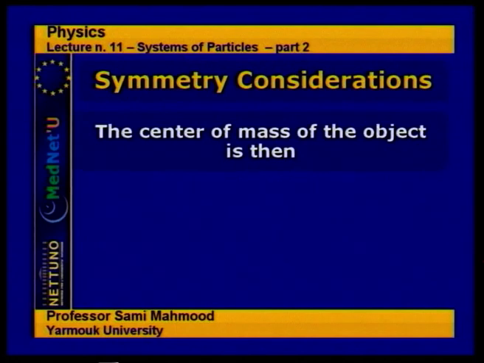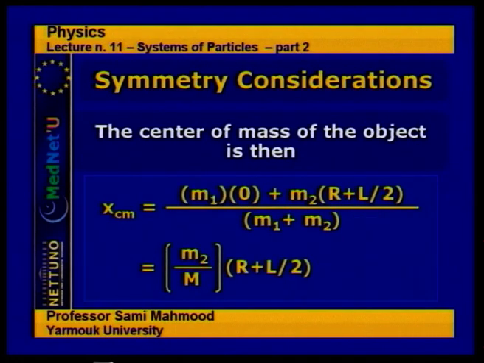So the problem is easily solved, and the center of mass is evaluated by using the previous definition for the center of mass of two particles. So we have x center of mass is equal to the first mass times its position, which is m1 times 0, plus the second mass times its position along the x-axis, which is m2 times r plus L/2, all divided by the total mass of the system, which is m1 plus m2.